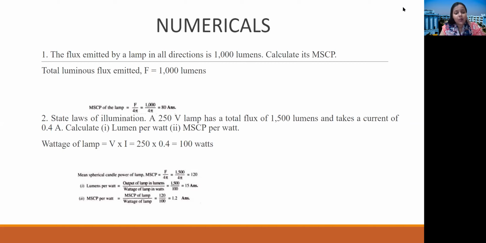The lumen per watt output of the lamp is 1500 by 100, so 15 is the answer. And MSCP of the lamp is total lumen divided by 4 pi, so 1500 by 4 pi is 120. MSCP per watt is 120 by 100, which is 1.2.